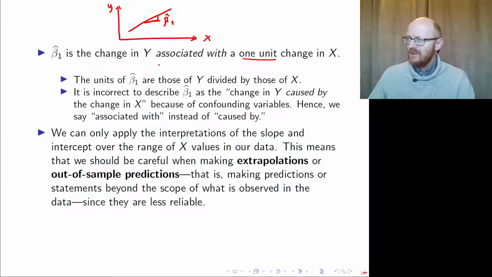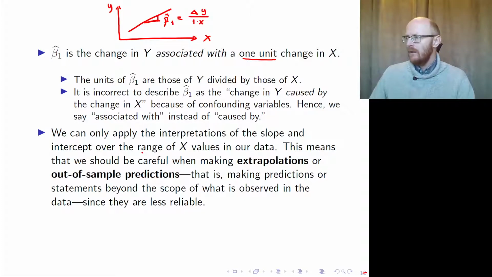So you have to say that the slope is the change in y associated with a 1 unit change in x. So this beta is the change in y, delta y, given a 1 unit change in x.